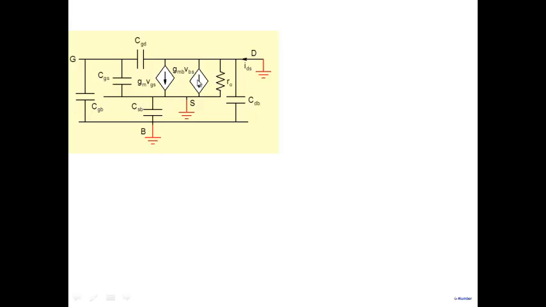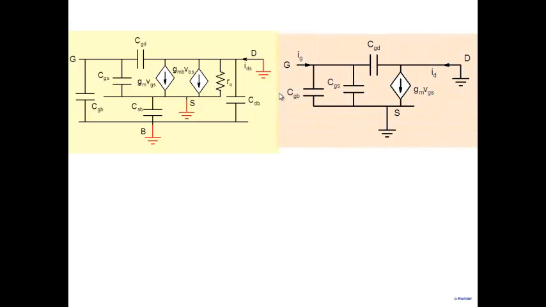So this current source is open circuit. Using all this, we can simplify to the following. We are left with the following elements here. Between gate and source, gate to drain, and the only current source is GM VGS, and that's it. Further, we can remove the CGB also, because gate to body capacitance is very small in saturation. We can neglect this also.